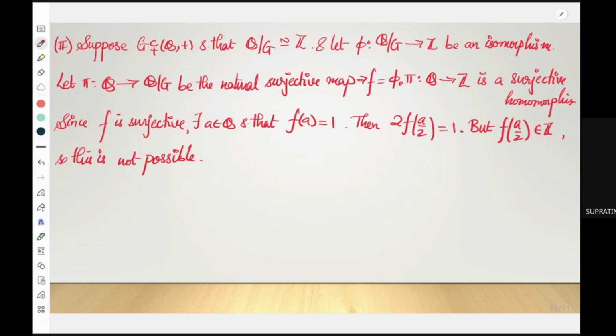I am intuitively thinking about Q quotient by G, which contains at least one element mapped to an element of Z. One side's order is infinite and one side's order is finite. I'm thinking about that, but maybe you can work something out from there.